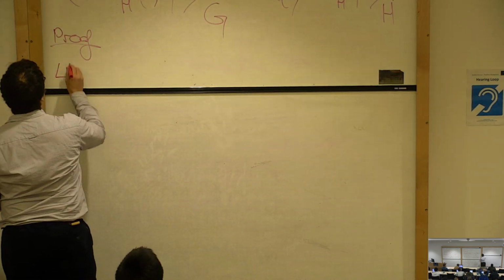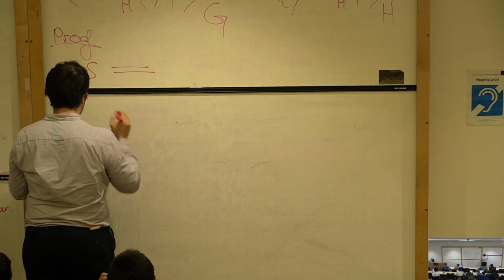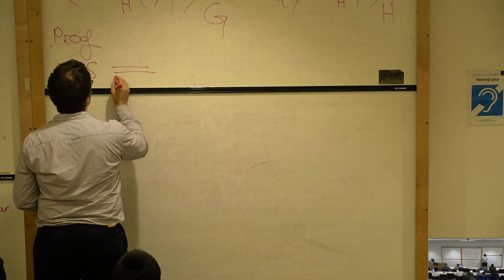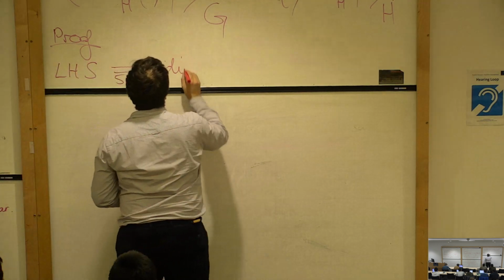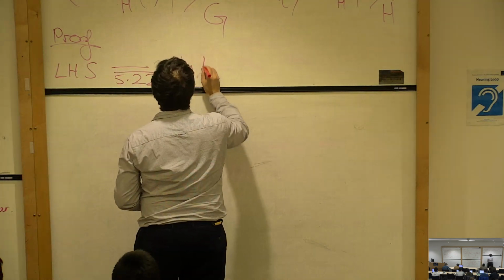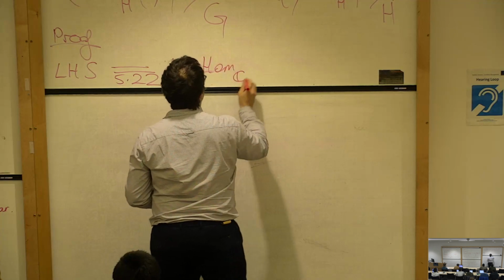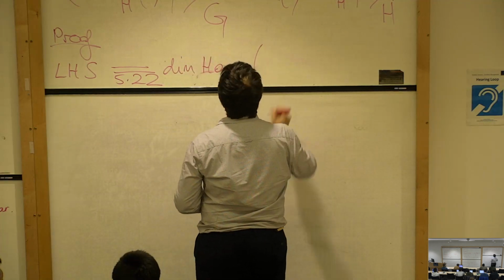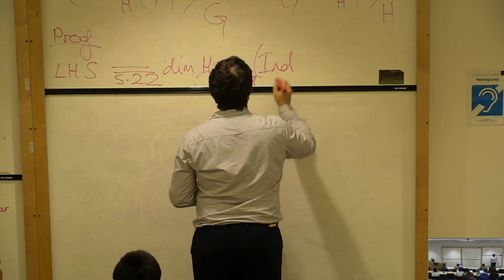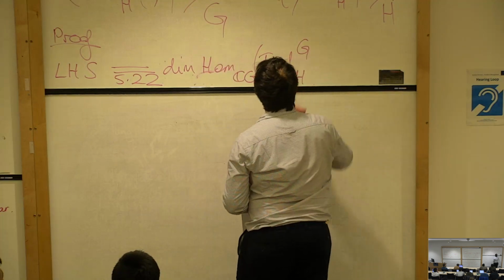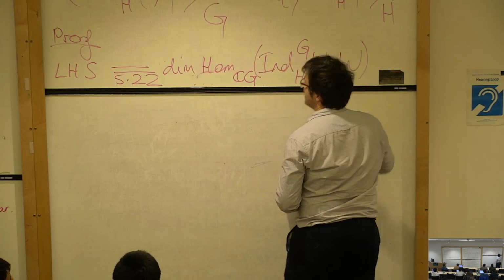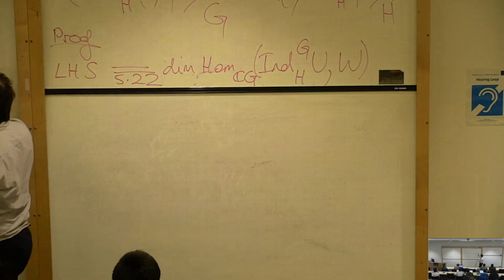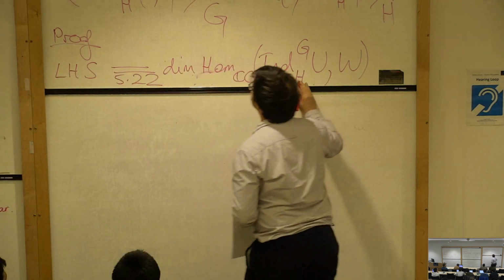The left-hand side is equal, by proposition 5.2.2, to the dimension of the space of CG homs in Ind_H^G of, oh, I better put U here, and I better put W here so that this comes into play, consistent with that.